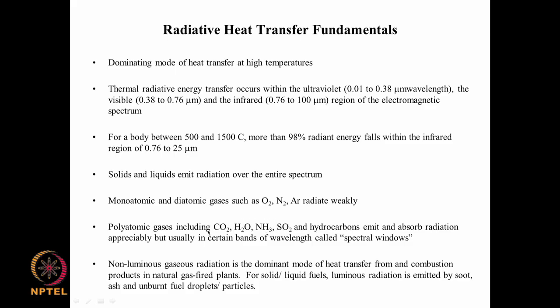So, these are also special gases which participate in the radiative process, whereas oxygen, nitrogen and argon are essentially transparent, they let the radiation go through without interacting with the photons that are passing through.